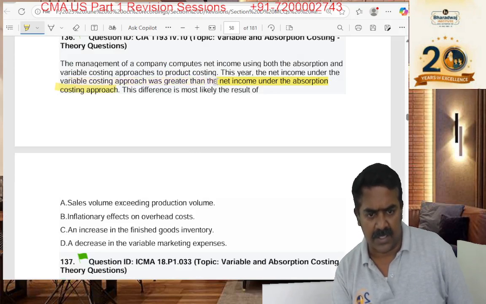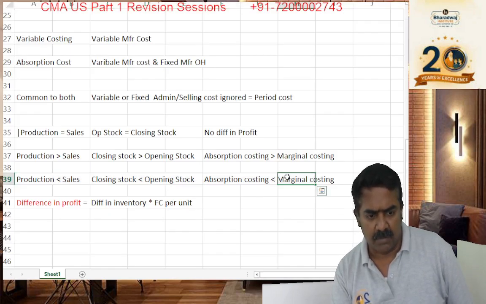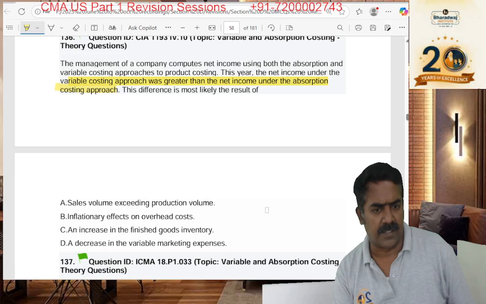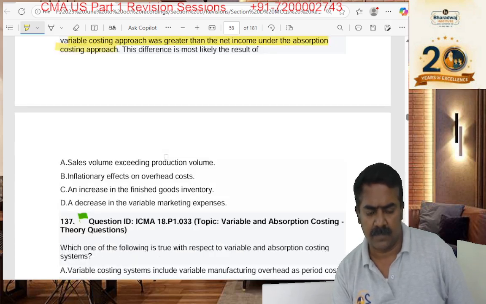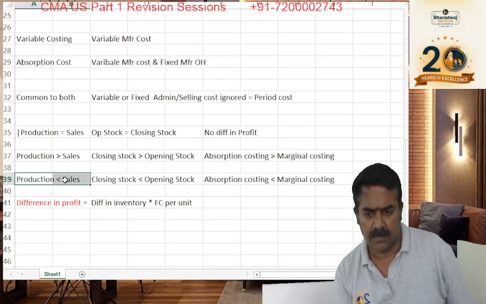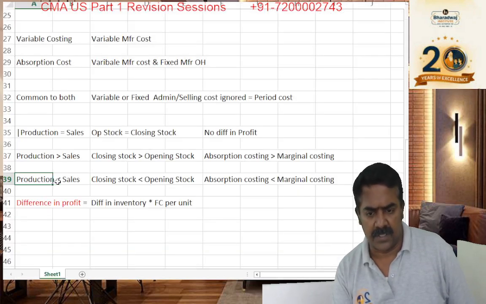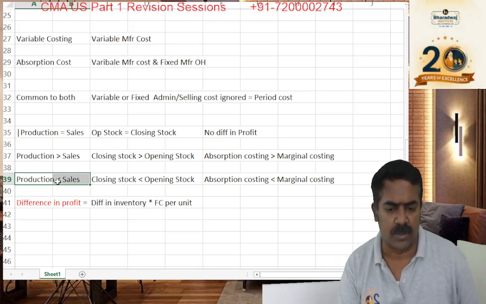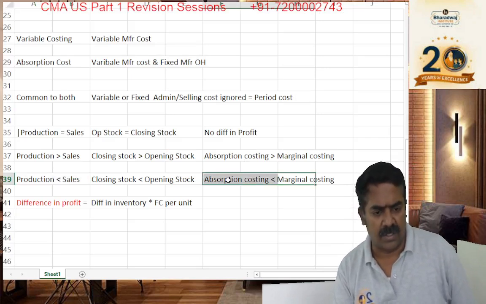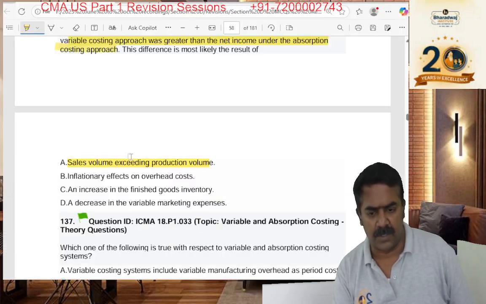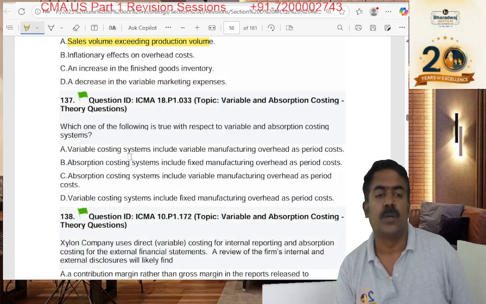Marginal costing approach is more, and this one is less. Which situation? Sales is more than production. Production is less than sales. When sales is more than production, your marginal costing profit will be more than which profit? Absorption costing. 137.